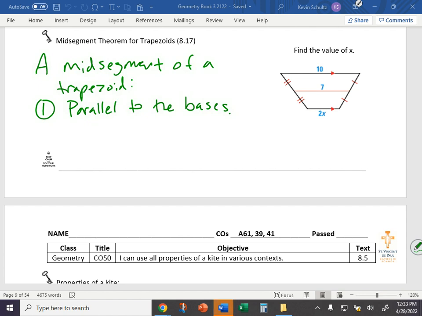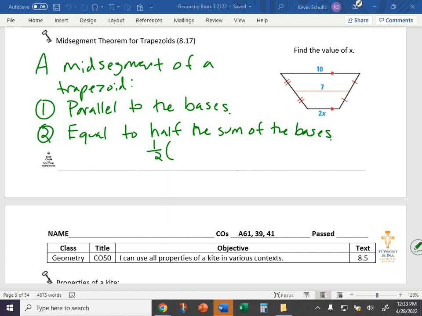And number two, its length is equal to half the sum of the bases. As a formula, you could write that it's 1/2 times (B1 plus B2).